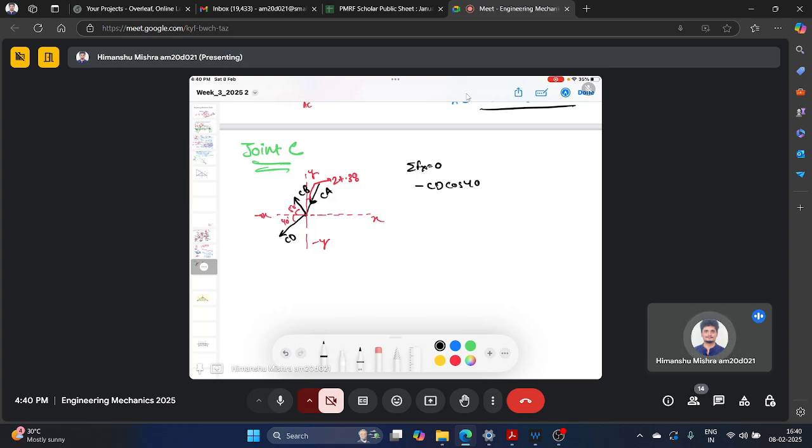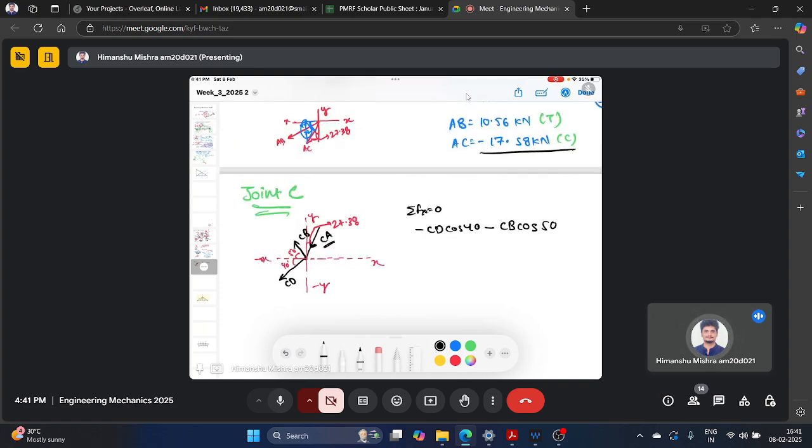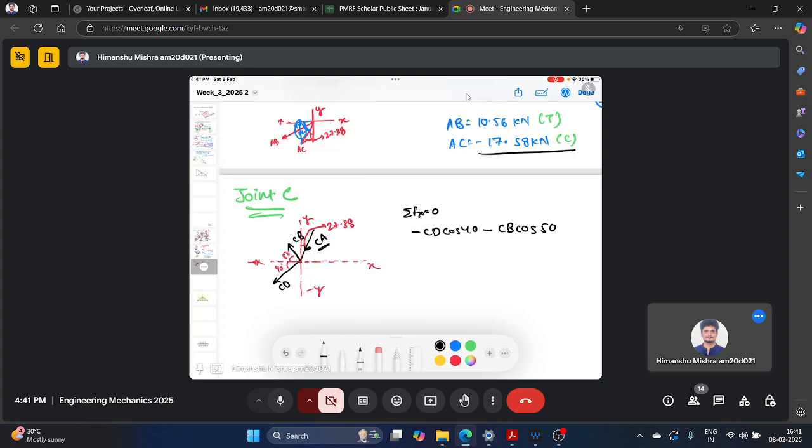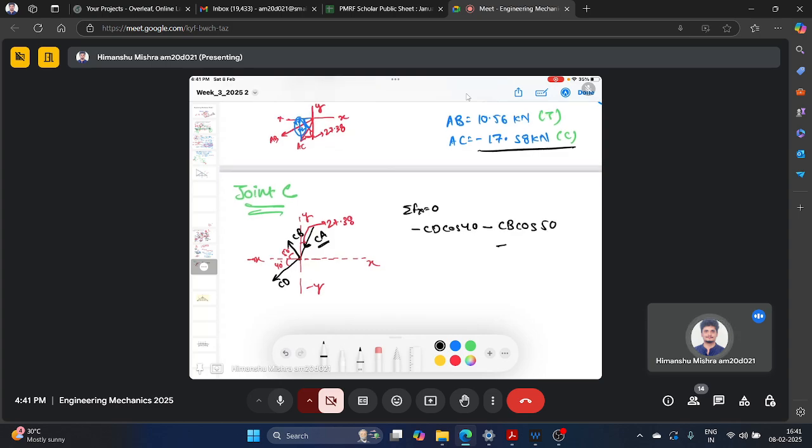CB is unknown, so it's minus CB cos 50, and we already know CA, which is 17.58, minus 17.58 sine 27.38 equals 0. So this is equation 1.